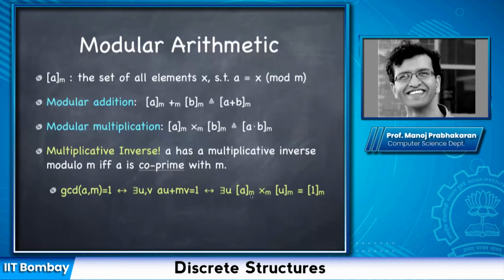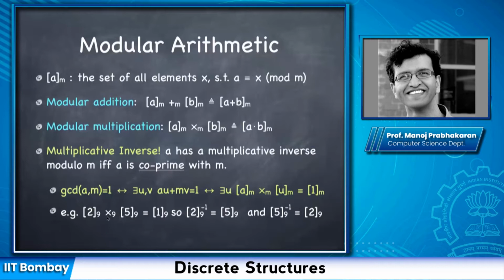So this is actually saying that multiplicative inverse of A exists, right? And this is saying A and M are co-prime with each other, and they are equivalent conditions. As an example, say 2 and 5, their product is 10, which modulo 9 is 1.